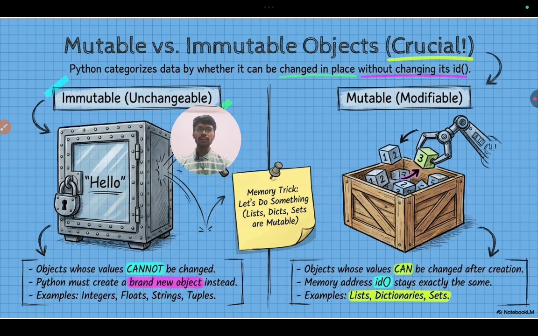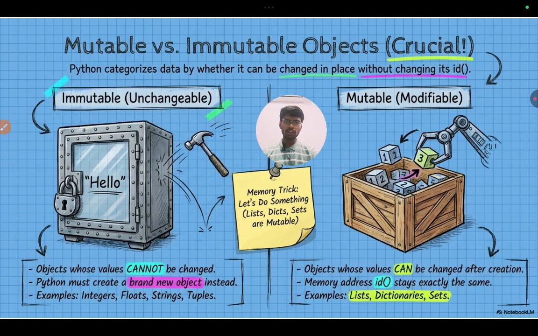Then there are mutable and immutable objects. Python categorizes data by whether it can be changed in place without changing its ID. With the id function, we can get the memory location. Immutable means the value in place cannot be changed.